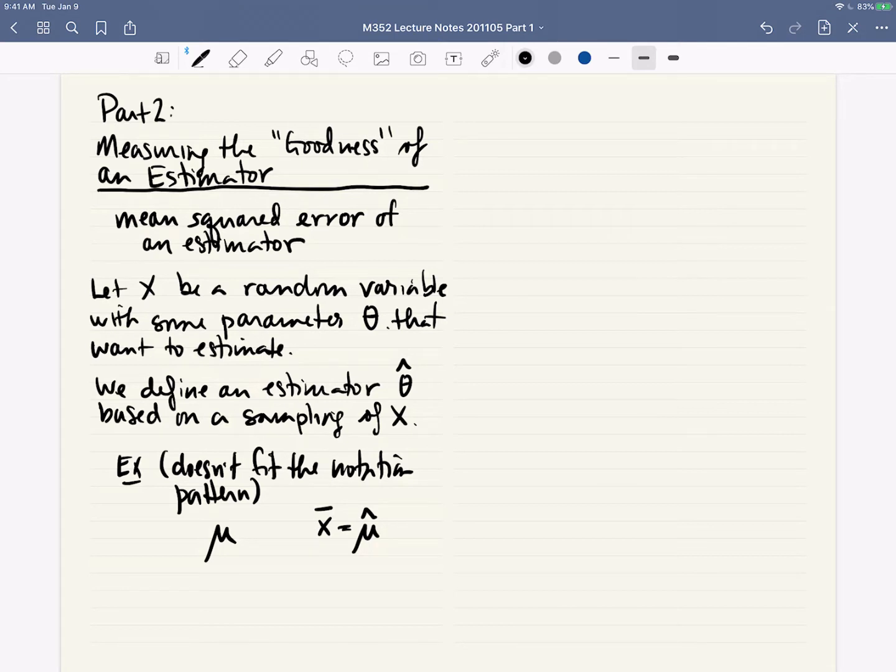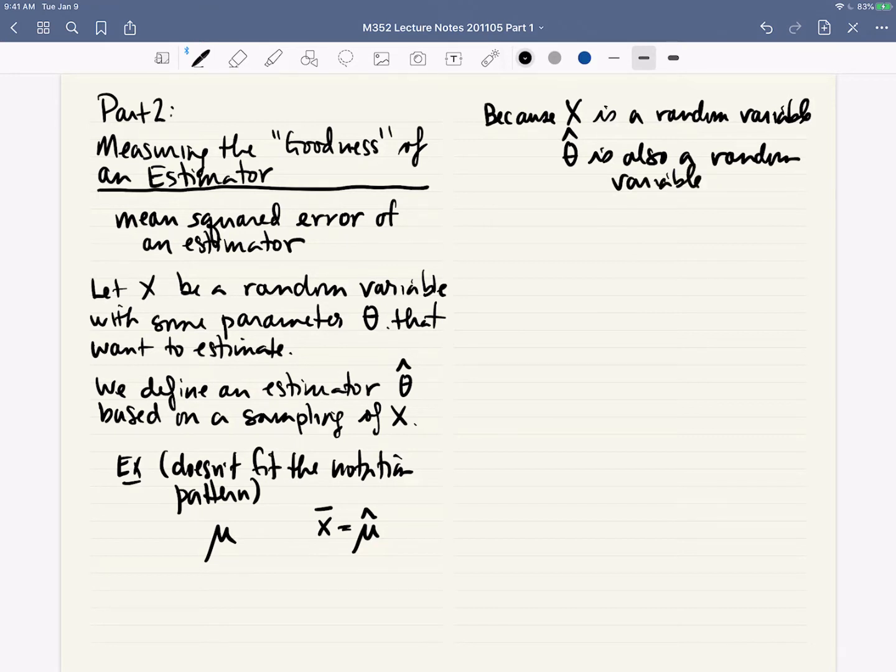Okay, so we've got a parameter, we've got an estimator for that parameter. Because our estimator is based on samples from x, and because x is a random variable, our estimator is also a random variable. So it has things like a mean, a variance, a standard deviation.